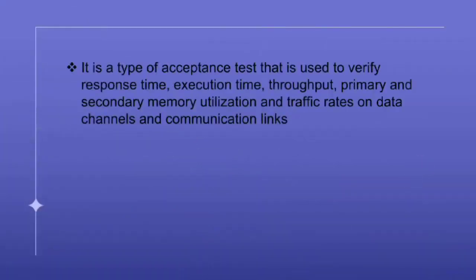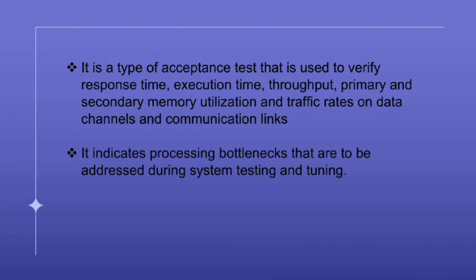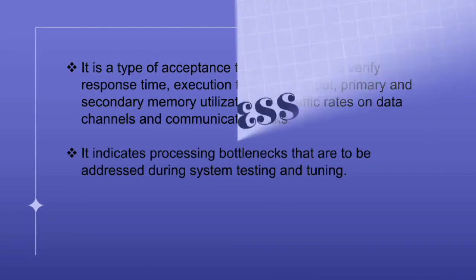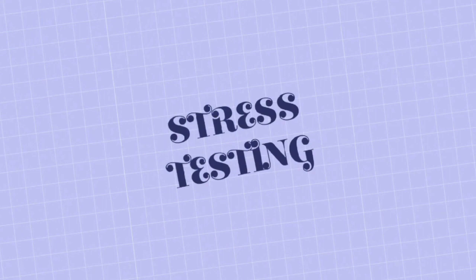Performance testing. It is a type of acceptance test that is used to verify response time, execution time, throughput, primary and secondary memory utilization, and traffic rates on data channels and communication links. It indicates processing bottlenecks that are to be addressed during system testing and tuning. Stress testing.